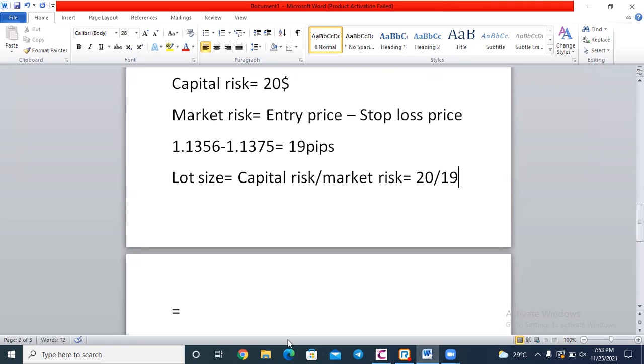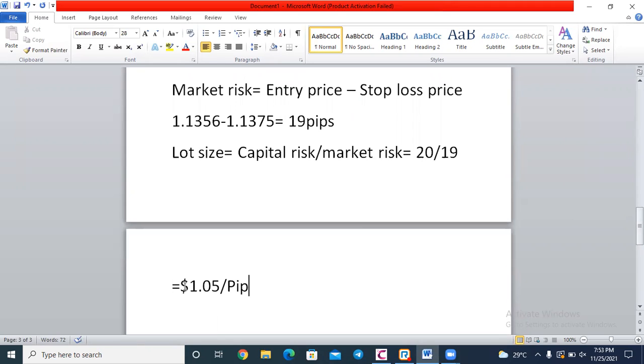That's 1.05. Am I correct? 20 divided by 19. Okay, 1.05. Okay, thank you. So this is $1.05 per pip.